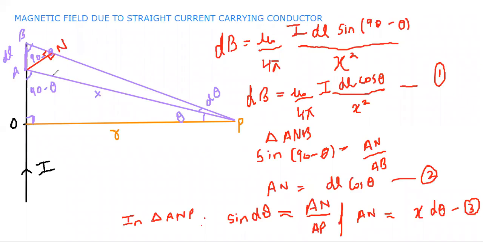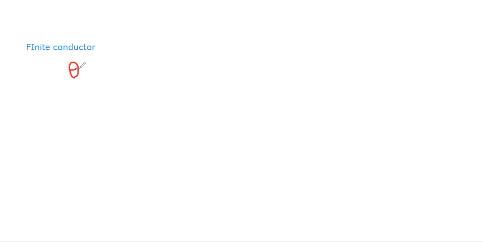Now let us say this is a finite conductor. If you also join this point, this would be your first angle, theta 1, or in some books it can be written as phi 1, and this would be your second angle, phi 2. So for the case of a finite conductor, theta 1 can be replaced by phi 1, and theta 2 is to be taken as phi 2.